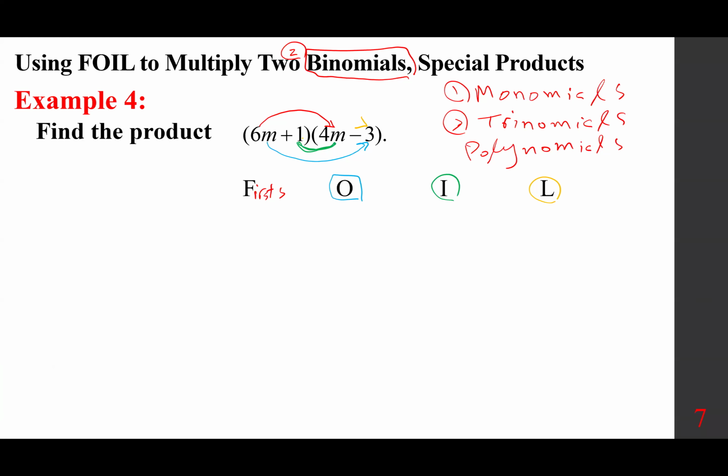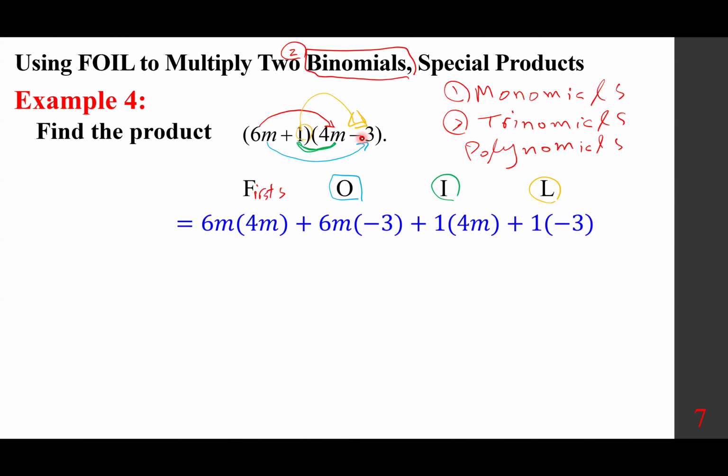The last would be these two: 1 times the last one from the first group is 1, the last one from the second group is -3. So what do we get here?